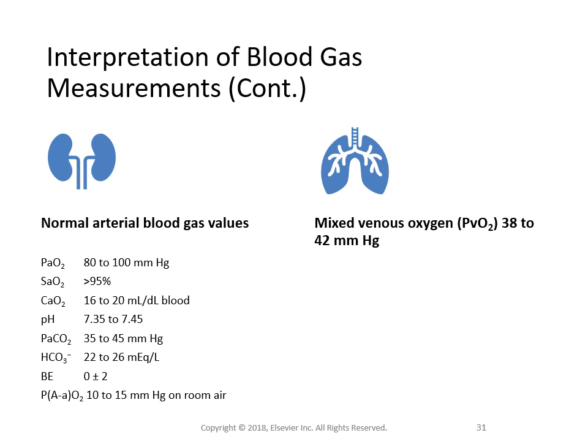Mixed venous oxygen, or PVO2, should be 38 to 42 millimeters of mercury on room air.